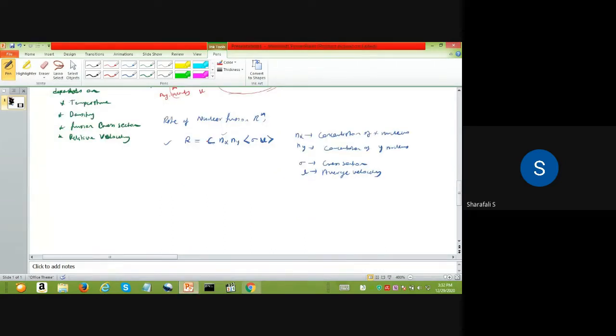Now, if you consider that fusion cross section, sigma, it mainly depends on the barrier penetration probability.